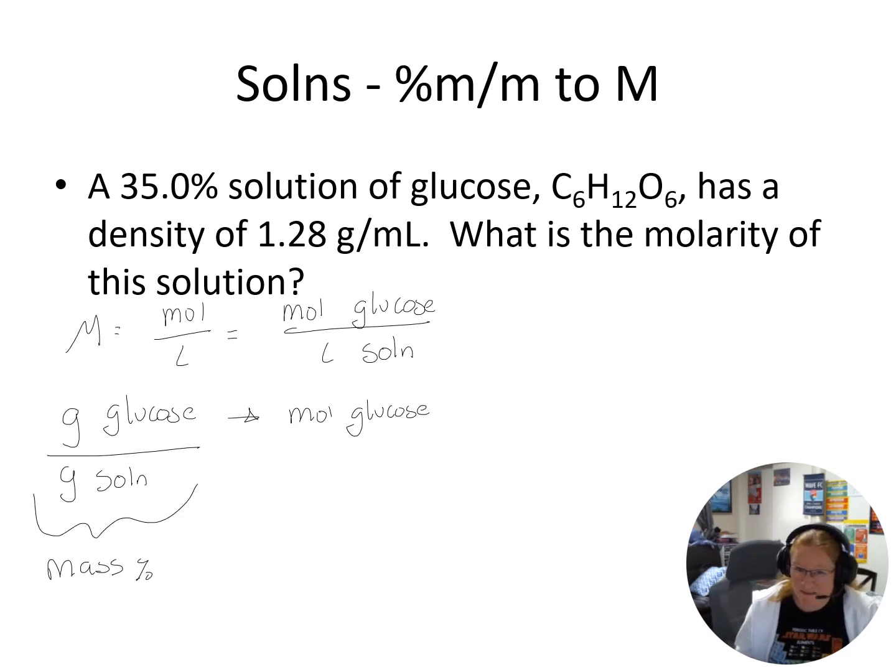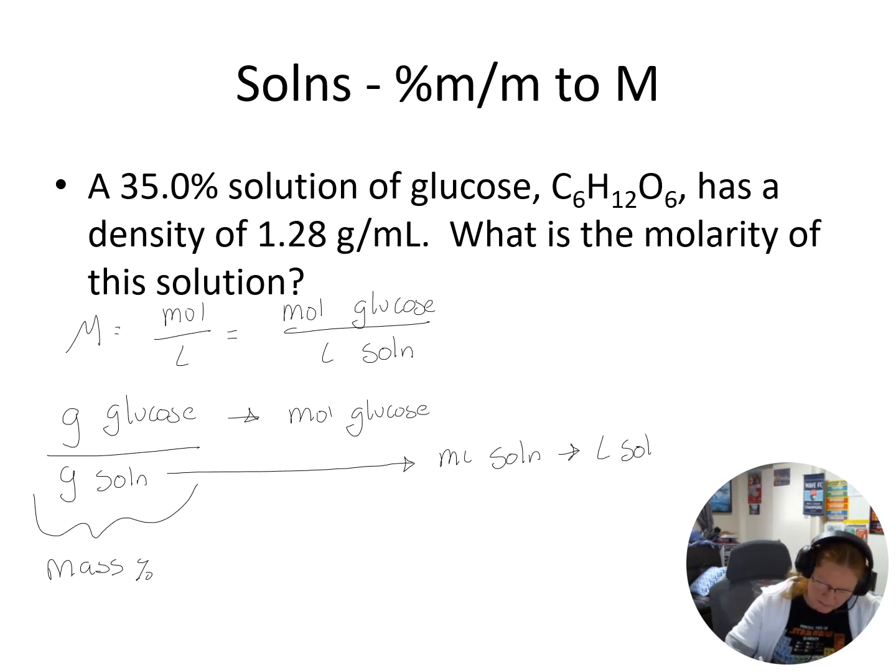That's easy. And we're done with the top because we need moles of glucose on the top. On the bottom, we're going to need to go from grams of solution to milliliters of solution, and then from milliliters of solution to liters of solution. Okay? All right, let's try it.